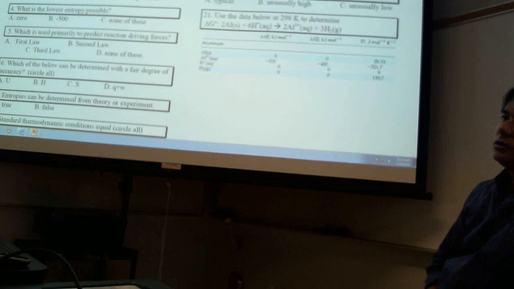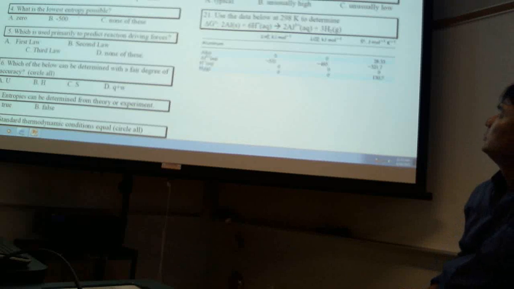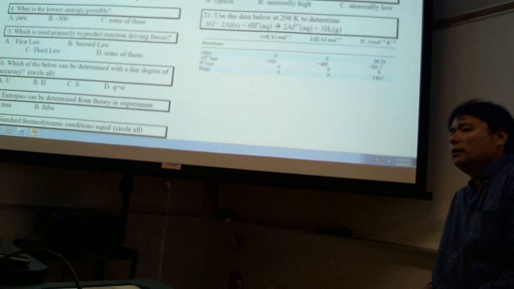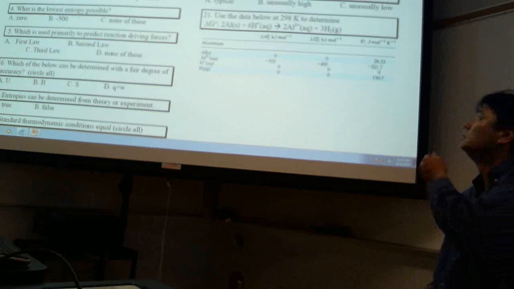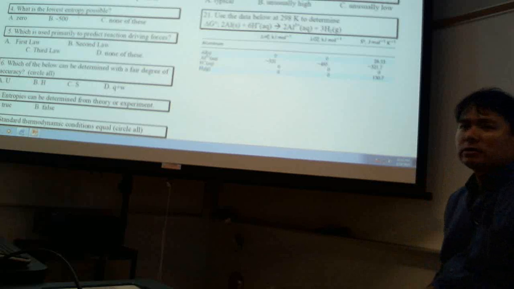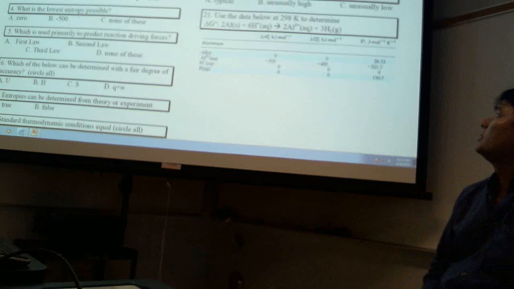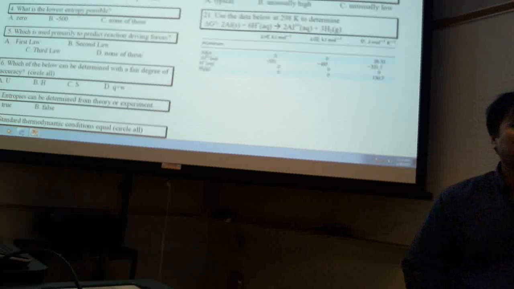In this case, more info is required. If there were an option that says remain the same, then you'd say yeah. Isn't the entropy of CO2 greater than the entropy of CO? Yeah, but not much. So it's C, because the entropy of Fe is lower than Fe2O3, and so you don't know which one.